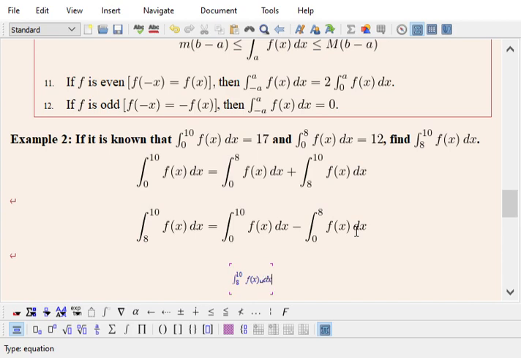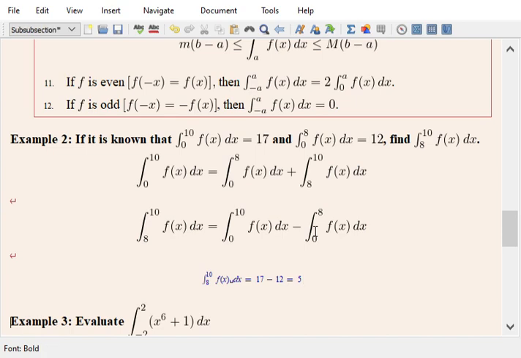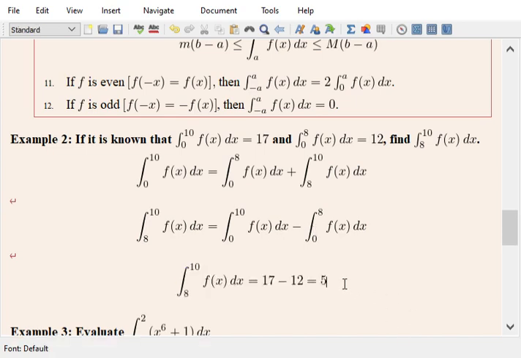And that's precisely the data that was given to us. So 0 to 10 is 17, 0 to 8 is 12, so our final answer is 5.